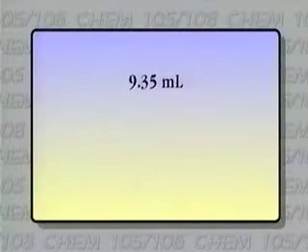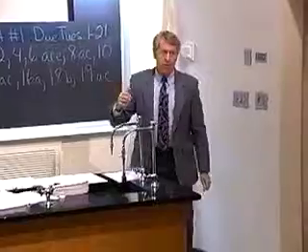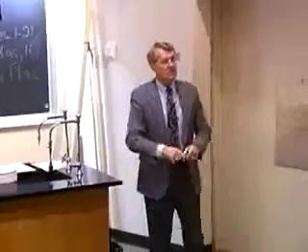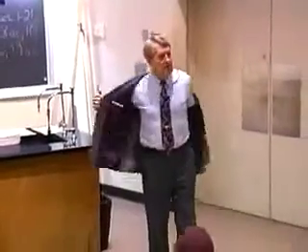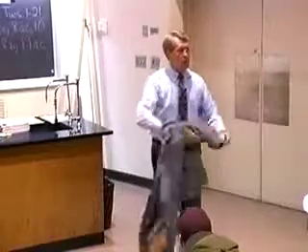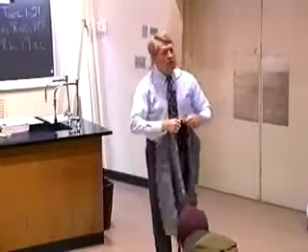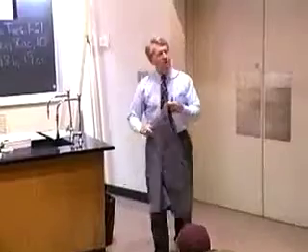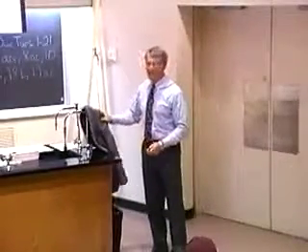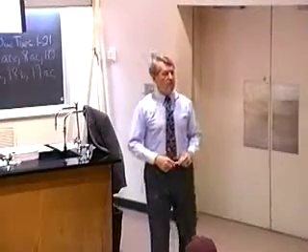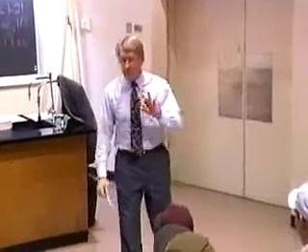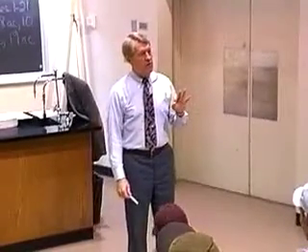Now the question is, once we have done that and recorded it, how many significant figures do we have in that measured quantity? 3. Remember our rules that we looked at yesterday, that all digits between 1 and 9 are significant figures. So we have 3 significant figures in that measured value.